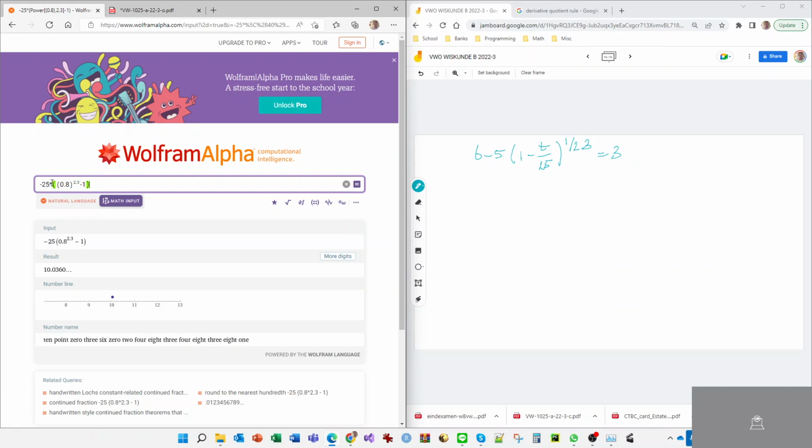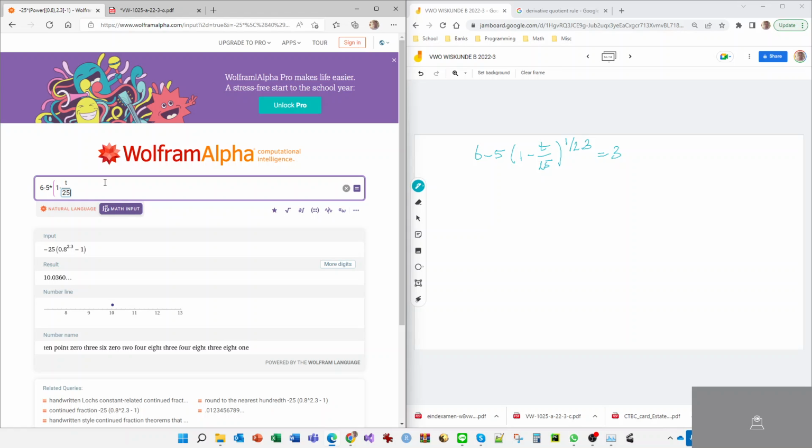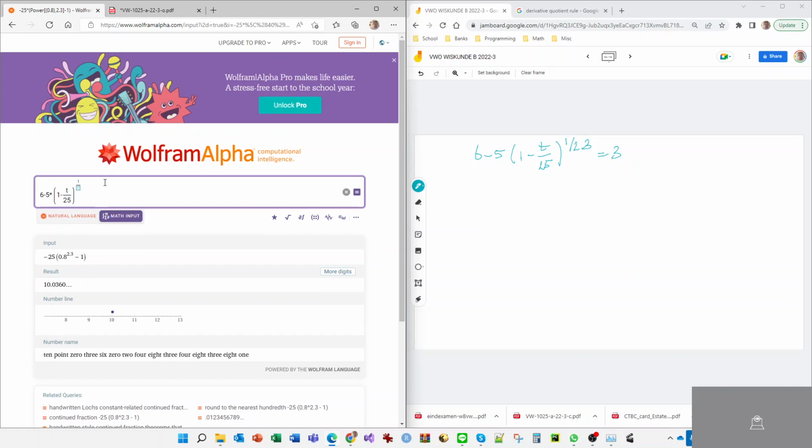In the graphic calculator, I don't have one, but you just need to set up this function and cross it with another function, y equals 3, for example.